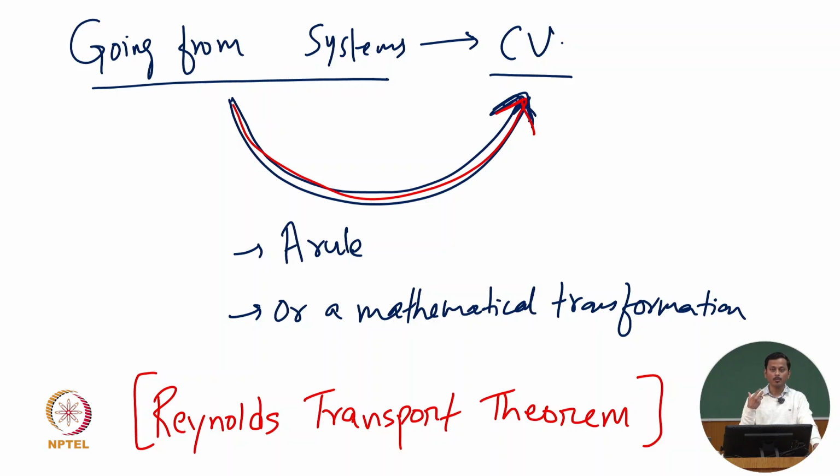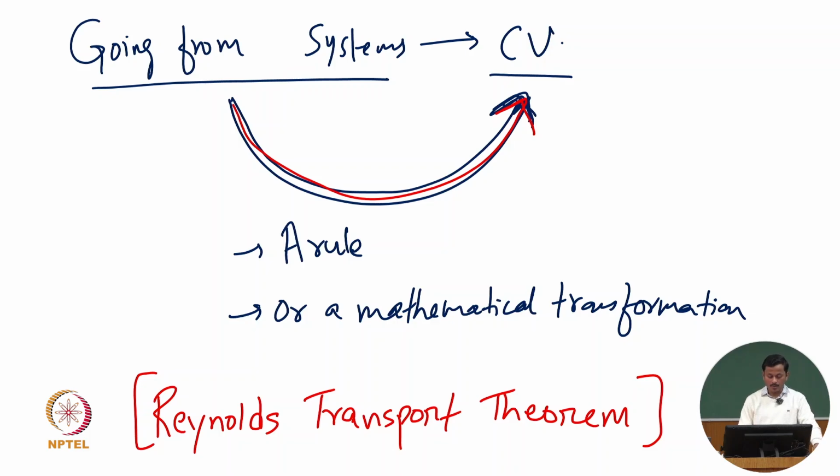So if you want to apply the conservation laws to a fixed platform, then we need to have an appropriate way of representing the form of the conservation laws, so that the conservation laws are also valid, which were initially derived for systems, and they hold exactly for systems. That is the reason why we need to go deep into the Reynolds transport theorem.